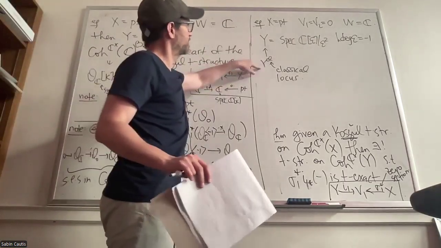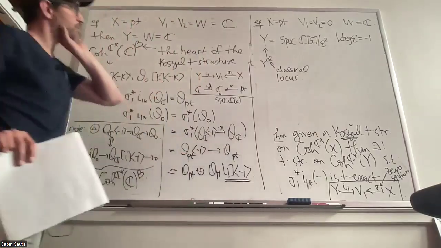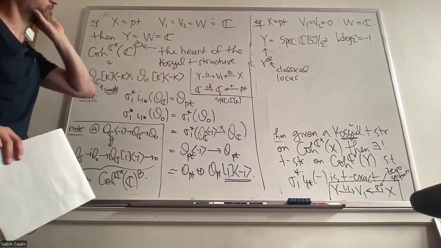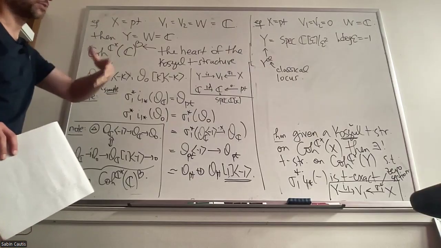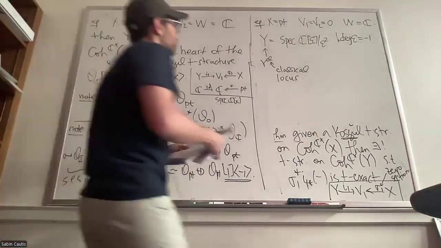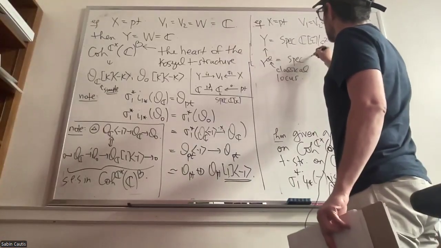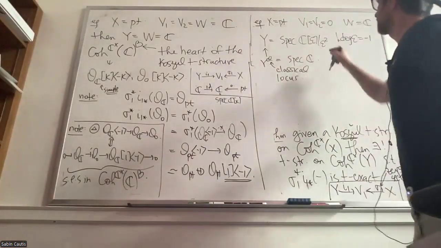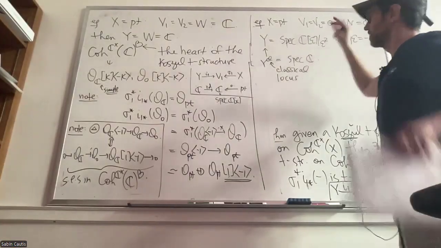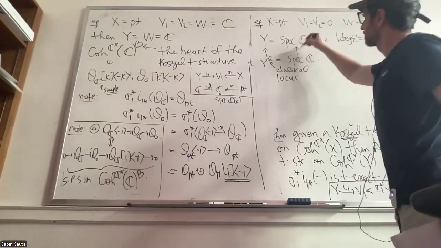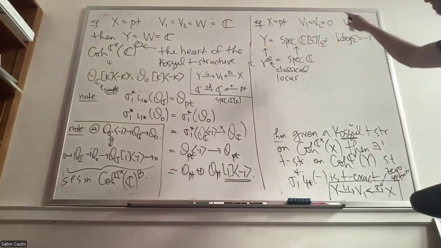So you always have the classical locus occurring as a subscheme. And of course, the classical subscheme in here is just spec C, where you get rid of the non-reduced part. Okay. So that's the picture here.